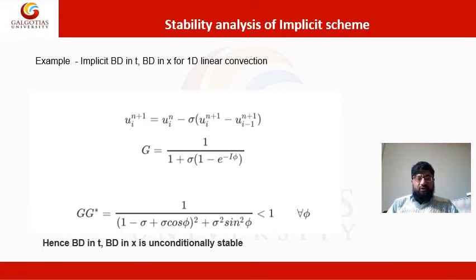So this will always be less than 1, because the denominator will always be greater than 1. Hence the backward difference in time and backward difference in space, for an implicit scheme, is unconditionally stable.